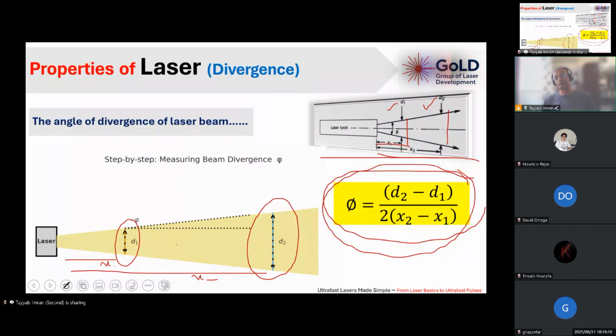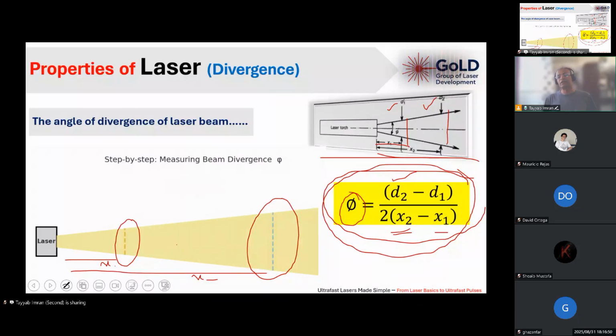If we know these values, what we do in the lab is use a CCD camera for this kind of experiment. CCD is a charge coupled device, or any camera you can take, even a mobile camera can be used. With the help of this, we can know the diameter at two different places and the distance from the source, and we can calculate the beam divergence.